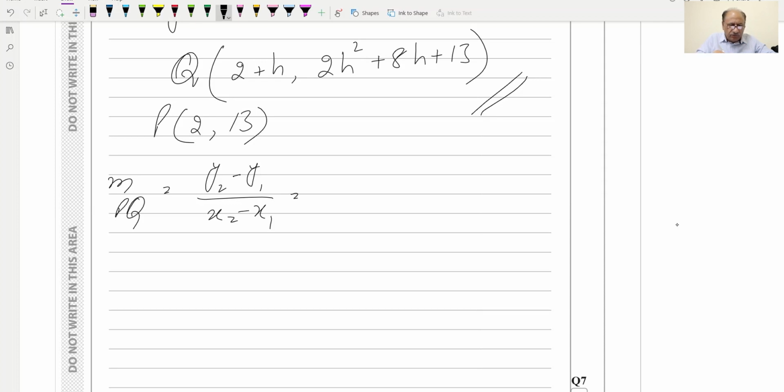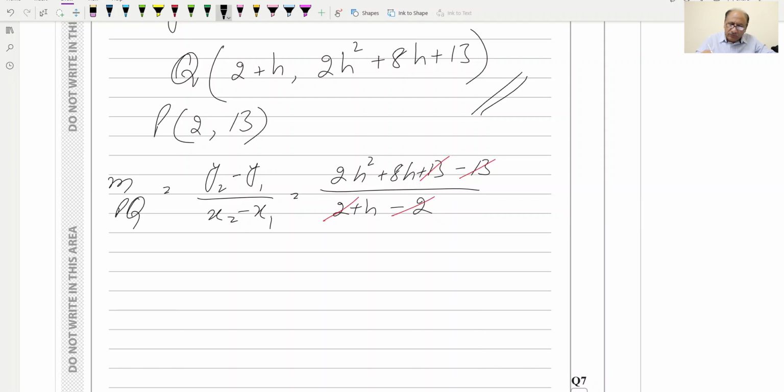So replacing values, y2 will be 2h squared plus 8h plus 13 minus y1, so minus 13, divided by x2 which is 2 plus h minus x1 which is 2, and we can cancel plus 13 with minus 13 and plus 2 with minus 2.